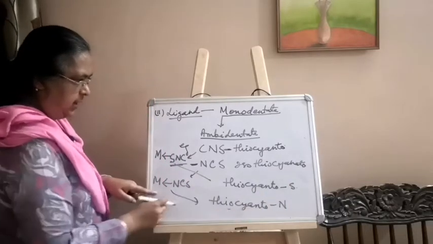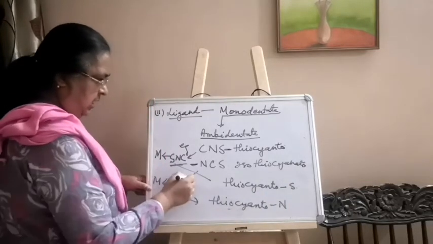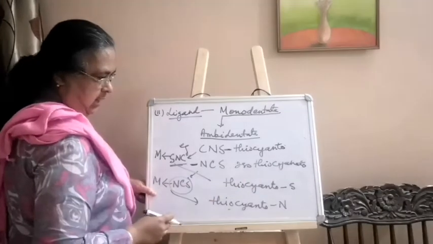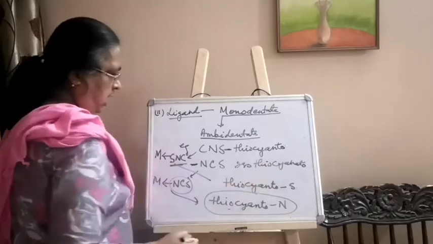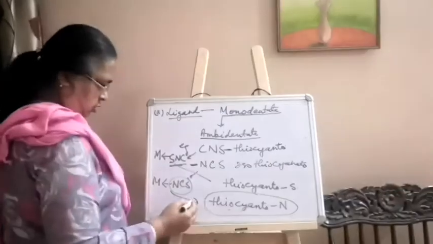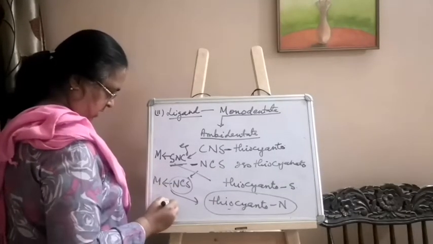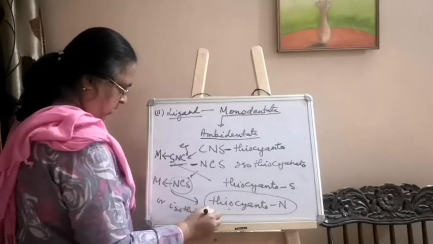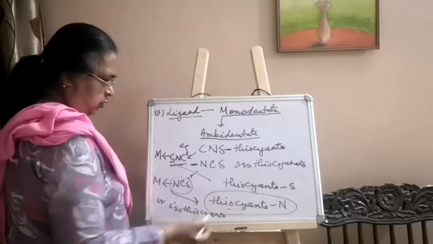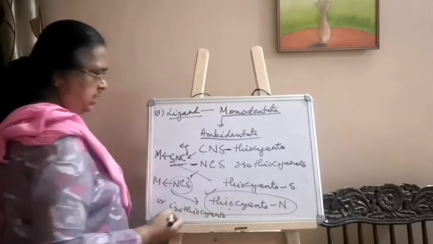This way also you can write, but it has a special name, isothiocyanato, so you can write isothiocyanato in place of this whole thing. So this has two names. Any one of the two you can write, but this is preferred over this.